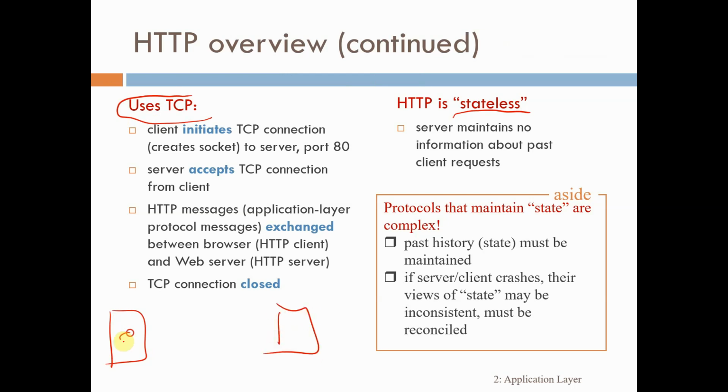So if this is the client and this is the server, first you send a TCP request, you receive a TCP response, then you send an HTTP request and you receive an HTTP response. This is roughly the process of HTTP.